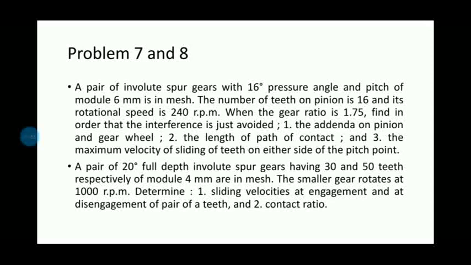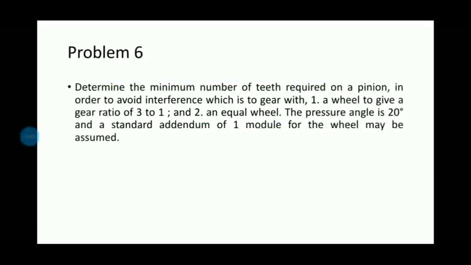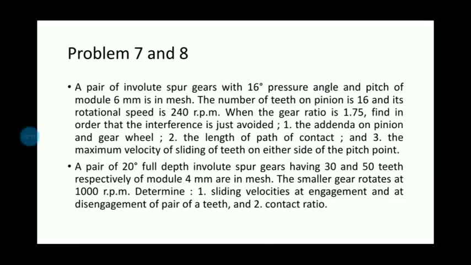That is the observation: the given number of teeth is actually the minimum number of teeth to avoid interference. Therefore, we can substitute t equal to 16 in this equation. So the unknown will be AP, the addendum in terms of module. Multiplied with the module value, that will give you the addendum on the pinion. Similarly, doing it in the other expression, you will get it for the wheel.